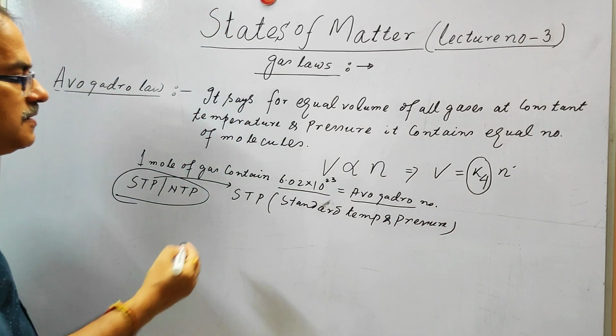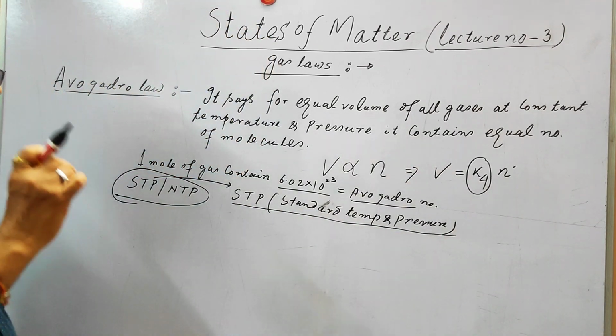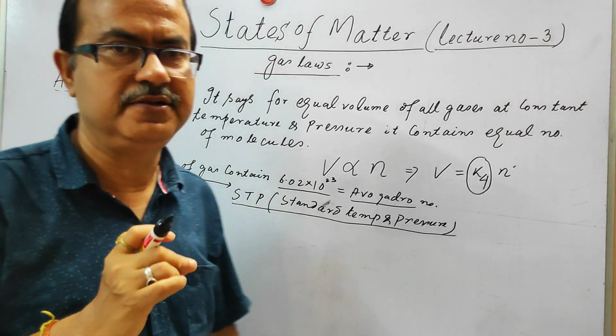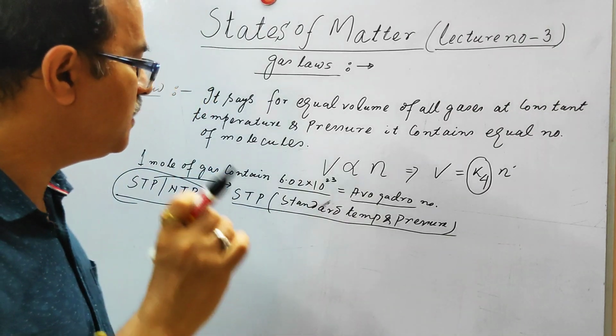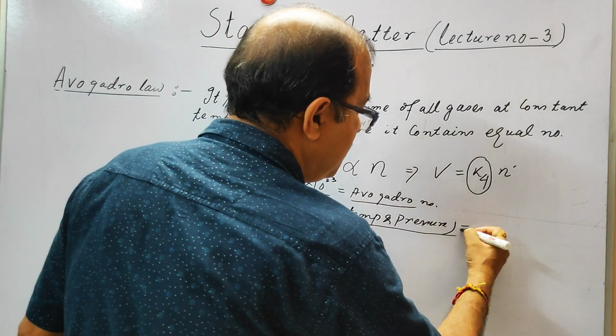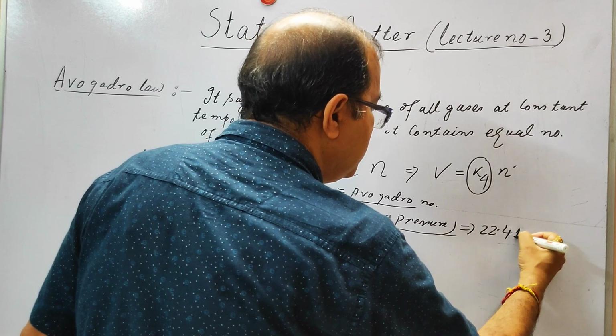At standard temperature and pressure, the volume of the gas is fixed for every type of gas, and it has been found to be 22.41 liters.